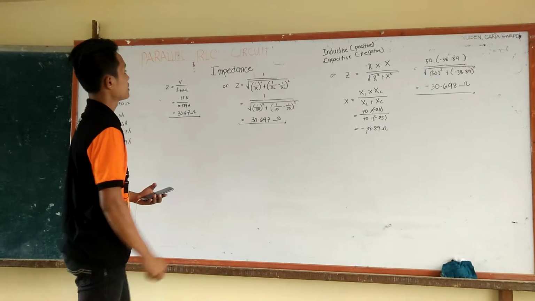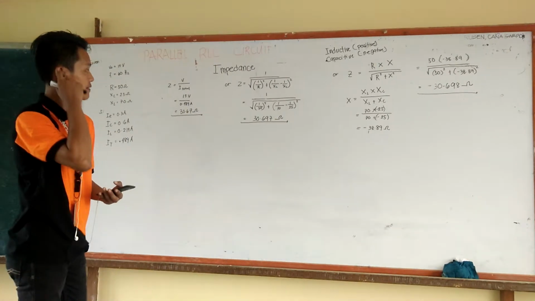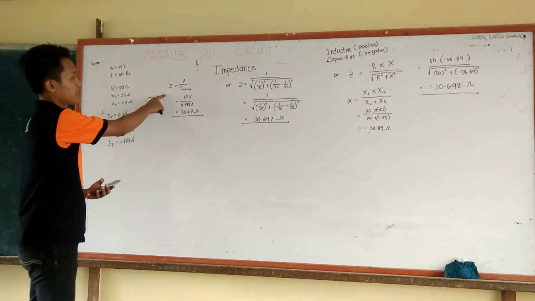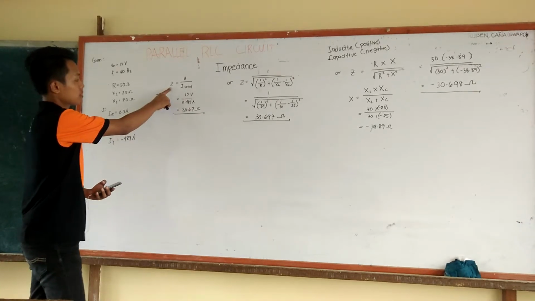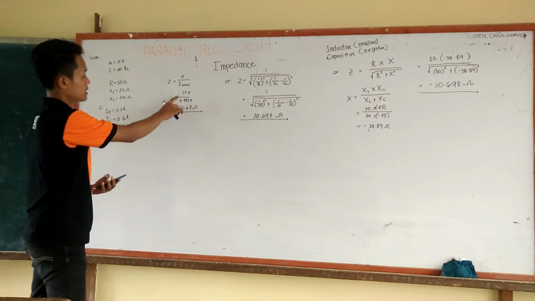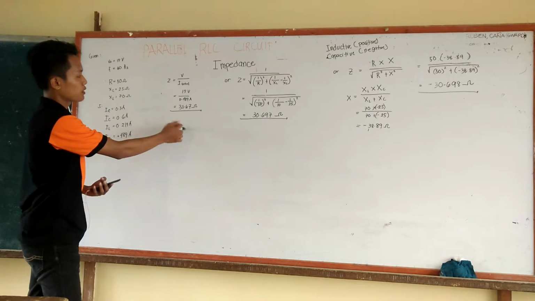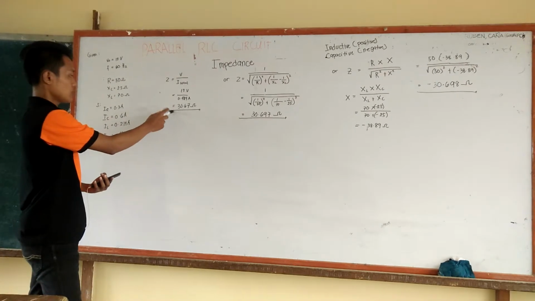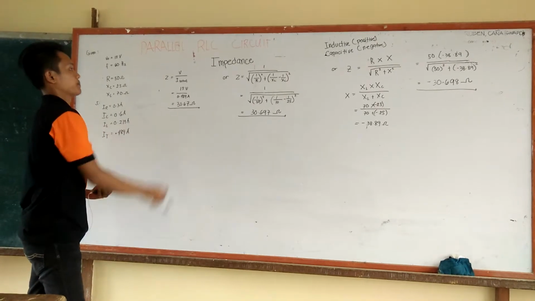Here we will solve the total impedance of the circuit. We have formulas here to solve the total impedance. Z, or impedance, equals voltage over the total current. So 15 over 0.489 is equal to 30.67 ohms.